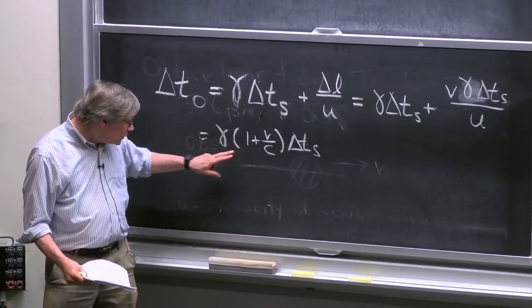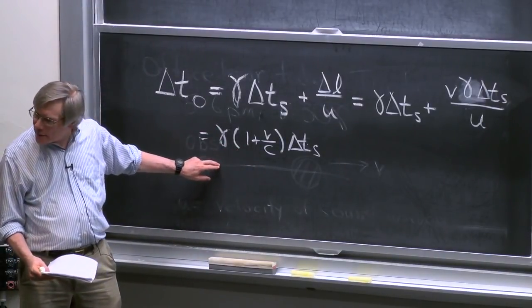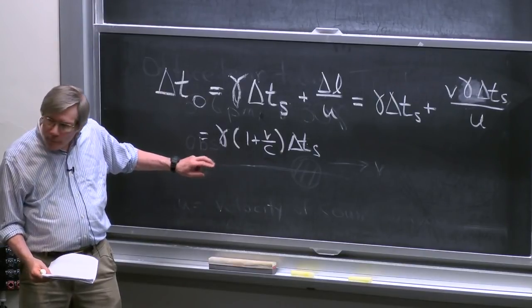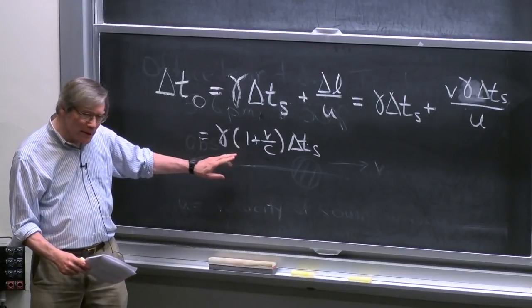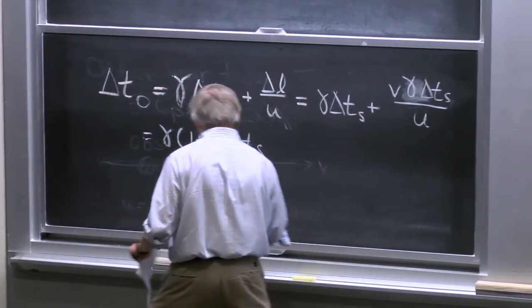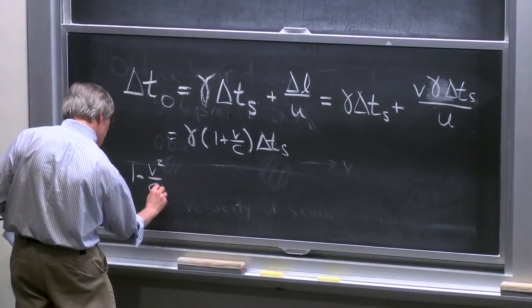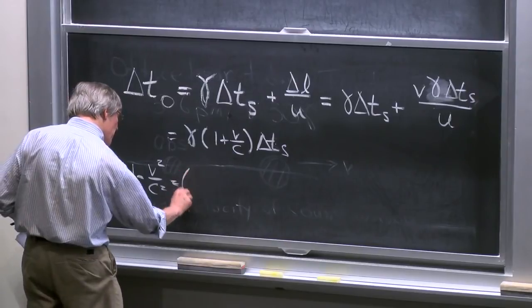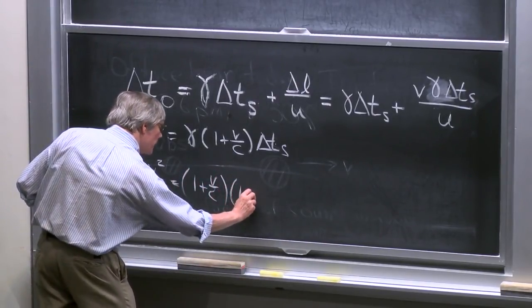And now if you do a little bit of arithmetic here, gamma, remember, is 1 over the square root of 1 minus v squared over c squared. And a squared minus b squared, I'm now thinking of the denominator. Maybe I'll write this on the side. 1 minus v squared over c squared, it's worth remembering, can be written as 1 plus v over c times 1 minus v over c.